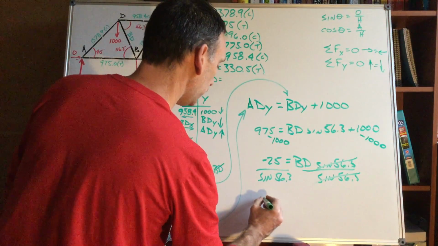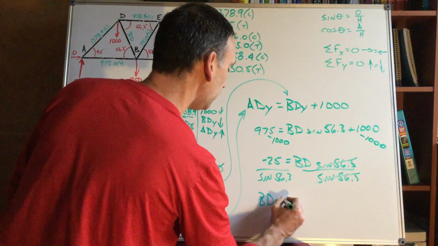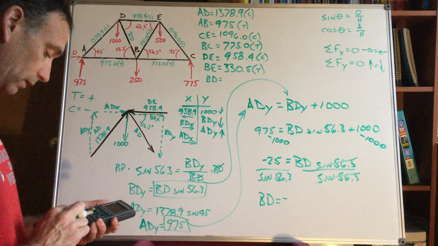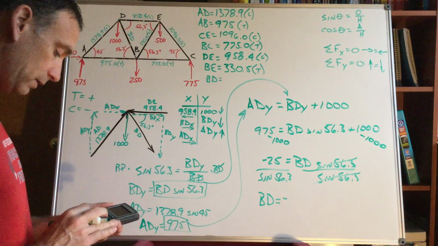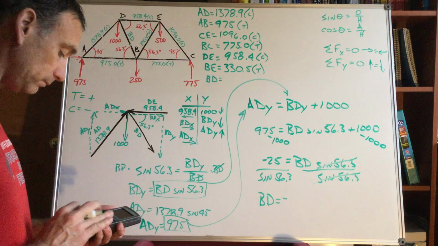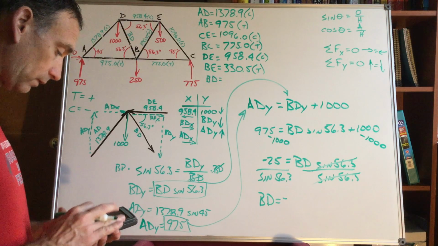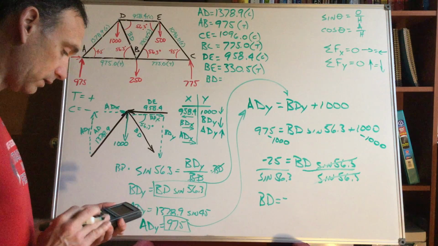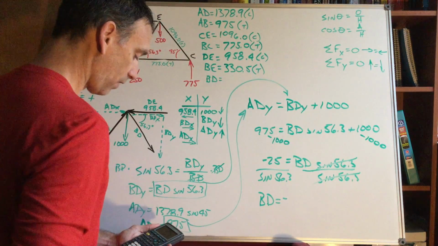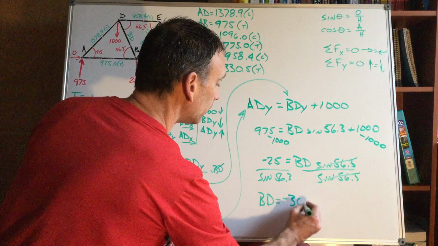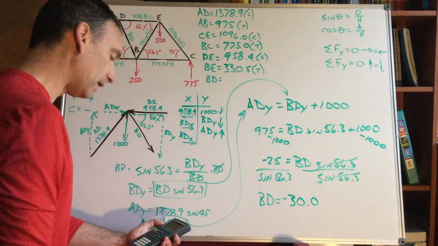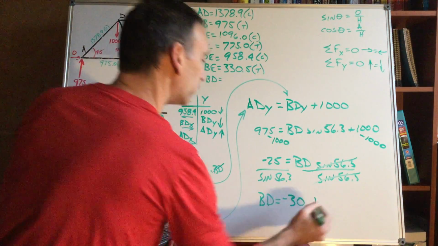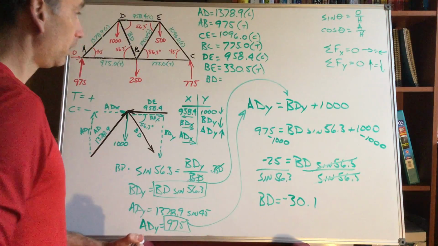Okay, and we get that BD equals negative 25 divided by sine 56.3, and I get a negative 30.049. Okay, so tell you what, we'll round that to negative 30.1.